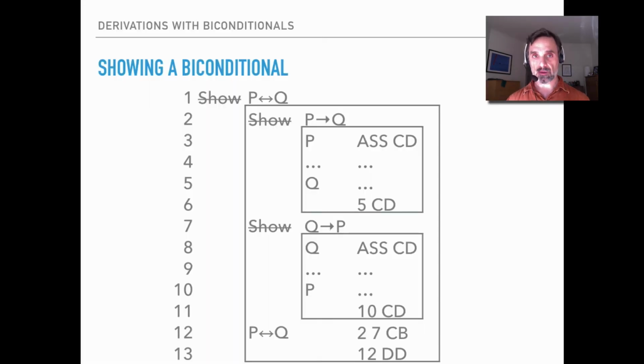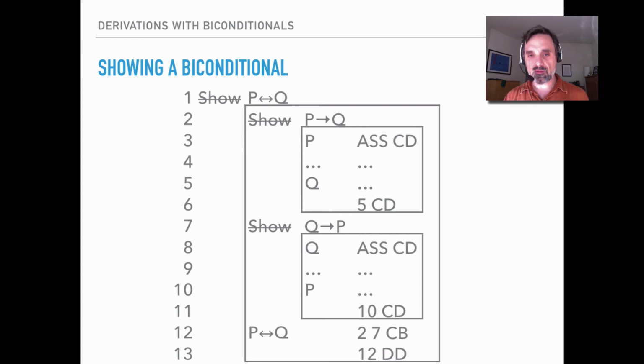So here's what that would look like. On your first line, you'd have show P if and only if Q, and then you'd do subderivations of each of the two conditionals. So at some point, maybe on line 2, maybe later, you'd say show if P then Q, and you'd do a subderivation. You'd assume P, and stuff would happen, and you'd get to Q, and you'd do CD. And then separately, you do show if Q then P, and you go ahead and do the subderivation.